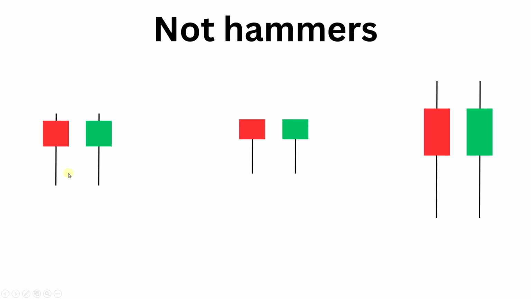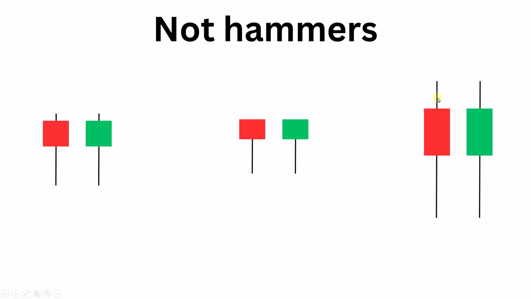So what is the rule that we follow? The wicks should be more than 2 times of the body, but here it is not so, and so we do not consider them as hammers. Here too we have bodies which are small, but the wicks are too short, not more than 2 times that of the body, and so we do not consider these as hammers. Here we have a large upper wick, correct?